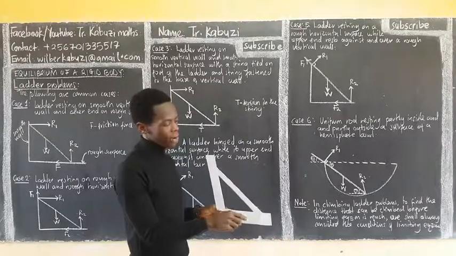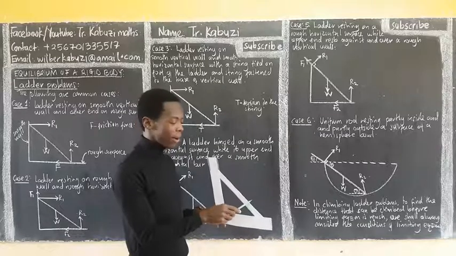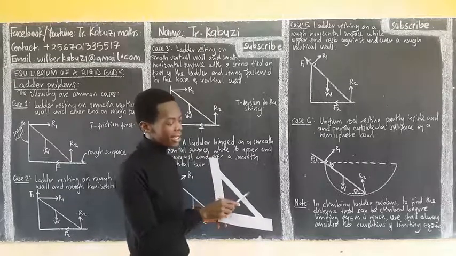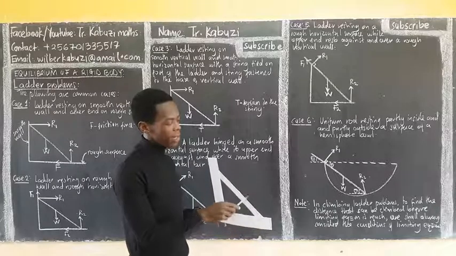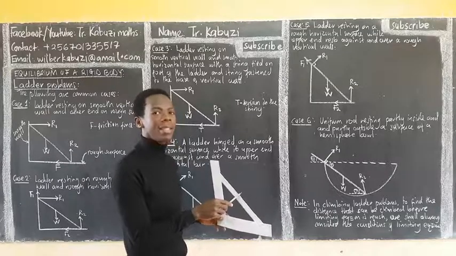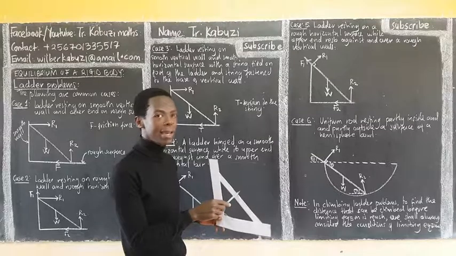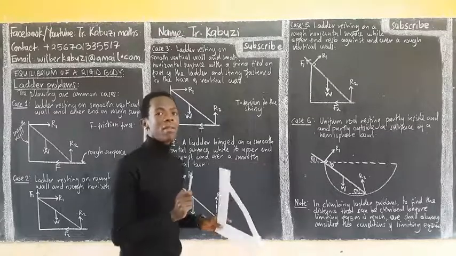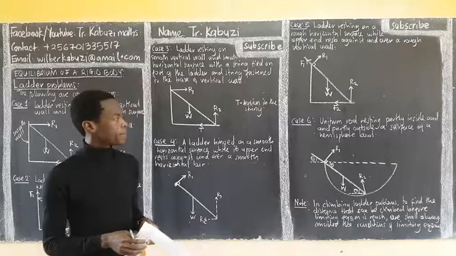Why? Because when you climb, this is okay before you reach that point, before it slides. Now, the distance we have covered from this side up to here, before or when it's about to slide, we say that there, we shall always consider conditions of limiting equilibrium. What are they about?